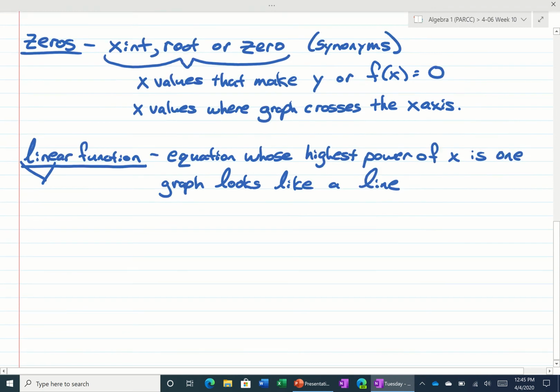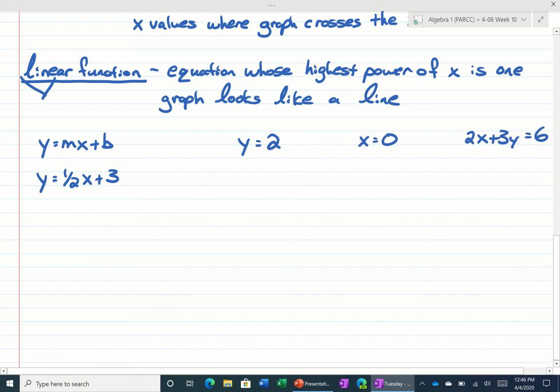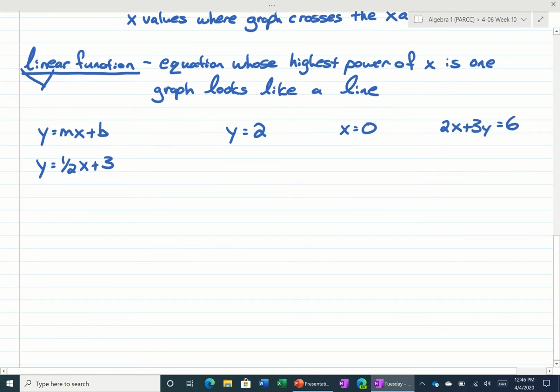So we've spent some time talking about linear functions. Everyone should be able to graph something in slope-intercept form, y equals mx plus b, or y is equal to 1/2 x plus 3. You should also be able to graph something where y is equal to 2, or x is equal to 0, or 2x plus 3y is equal to 6. You should be able to graph all of these.